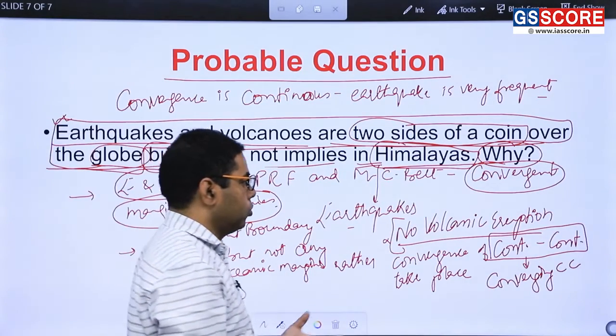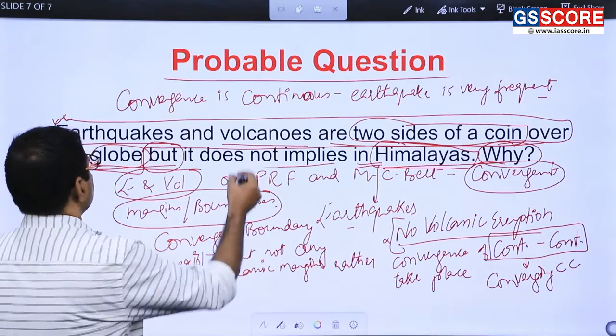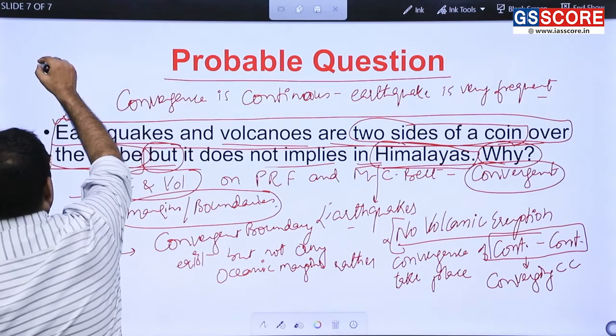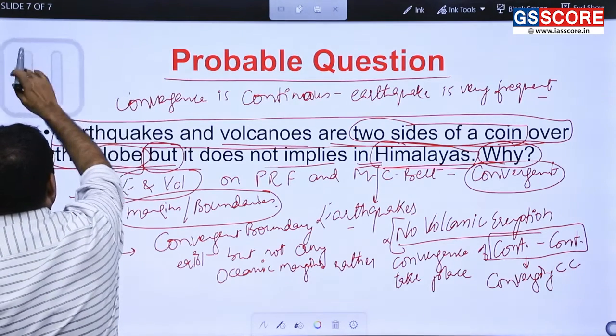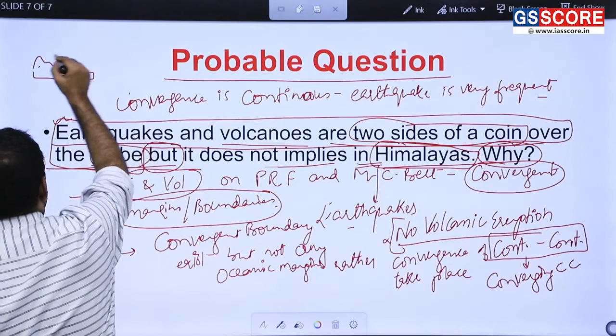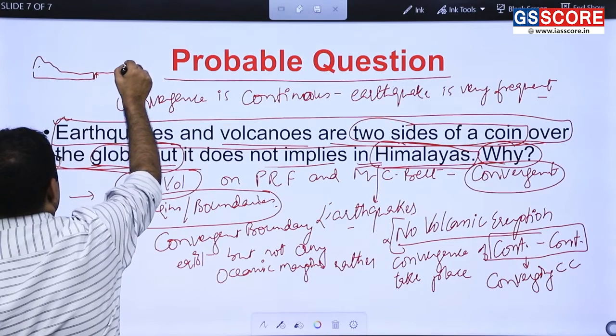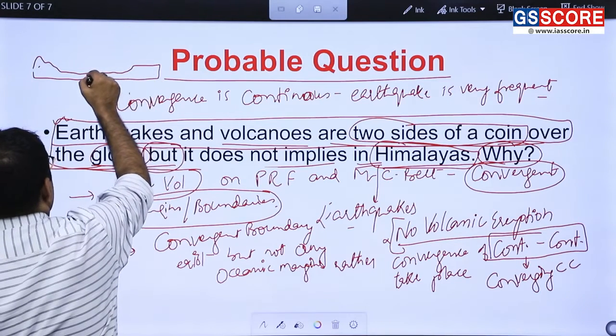So with that, you can draw a diagram in this section. I'll draw a very small diagram here. So there is the Eurasian plate and the Indian plate.